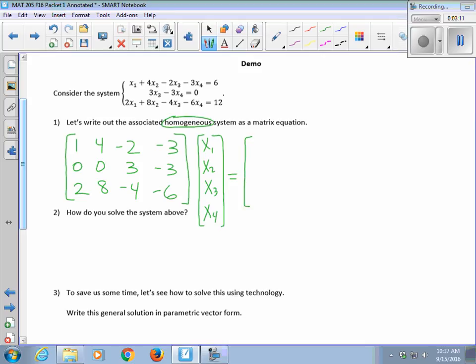How many should I have in there? 3 by 1. 0, 0, 0. So just to remind you, the dimensions on this coefficient matrix is 3 by 4, 3 rows, 4 columns. So the vector that I multiply has to be 4 by 1. The inner dimensions have to match. And then the result should be the outer dimensions, the 3 by 1.